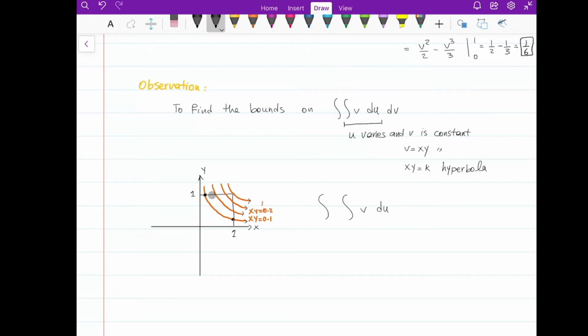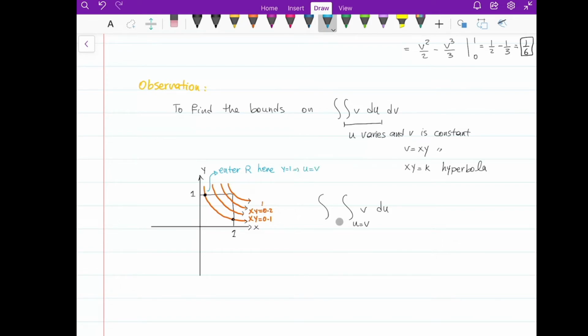This point lies here, which is u equals v, right? So this is u equals v, because let me graph it with this. They enter the region R here, and here x equals y equals 1, which would be u equals v.